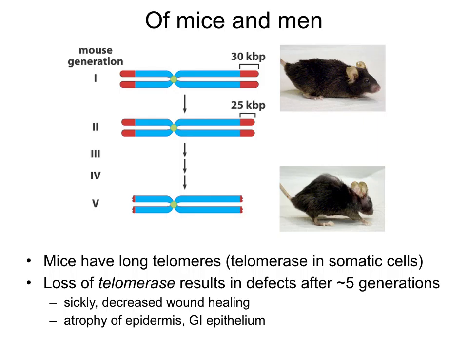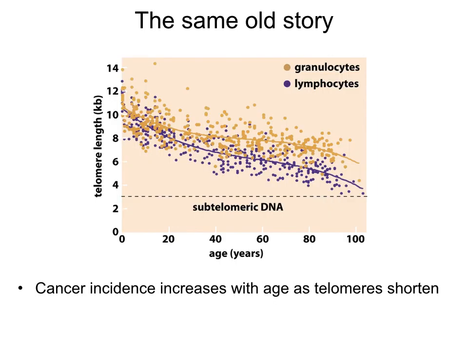So finally, if one monitors the length of telomeres in various cell types over the years, you can see that in these various circulating blood cell populations, as we age, our telomeres get shorter and shorter and shorter, starting off at 11 or 12 or 13 kilobases, and by the time we're 80 or 90 or 100, they're getting down to just a few kilobases and really reaching that critical level that can induce senescence or crisis.